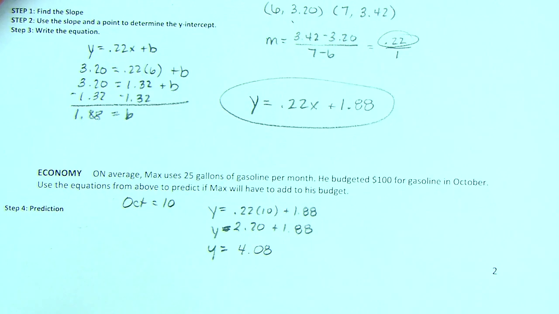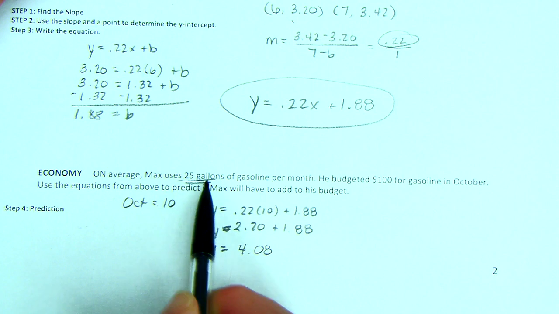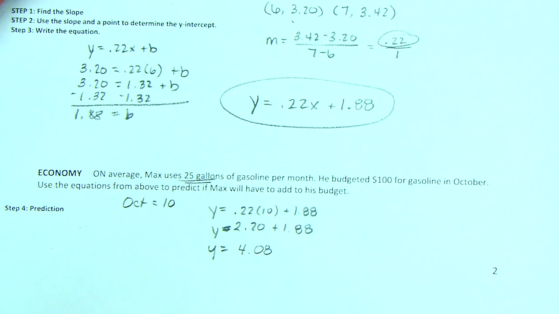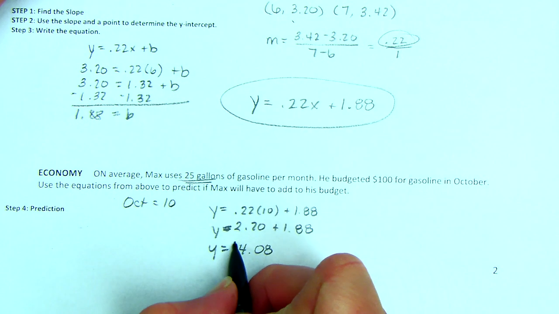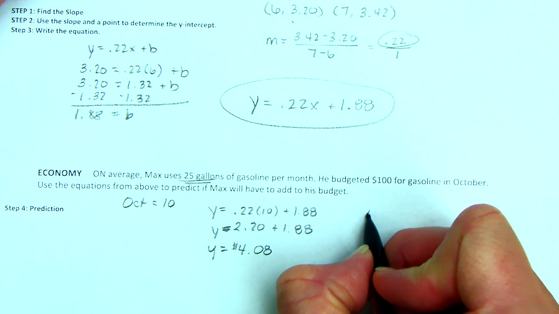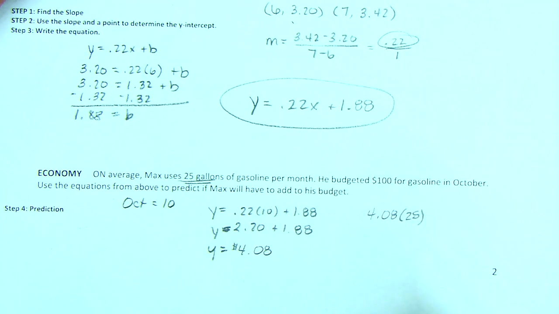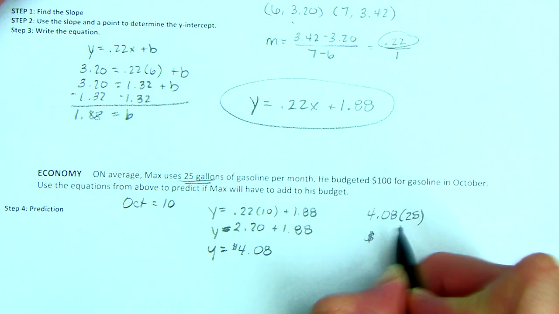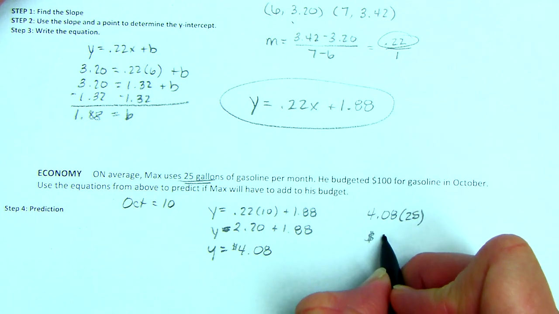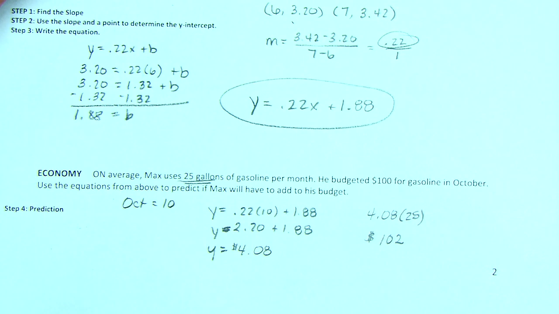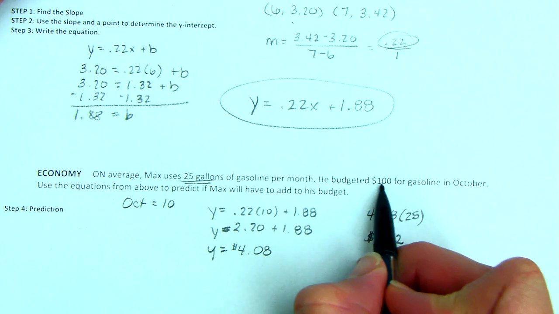So now they said he uses 25 gallons of gas every month. Well, if in October it costs $4.08 per gallon, okay, well, what is that going to cost? So $4.08 times 25 gallons is going to be, use your calculator if you need to, according to my calculations, $102.